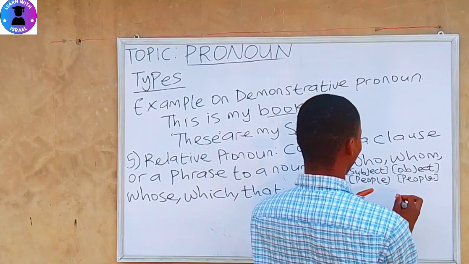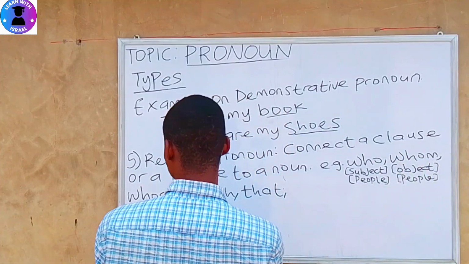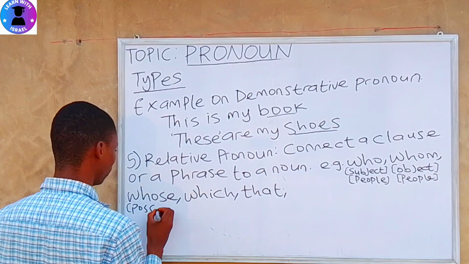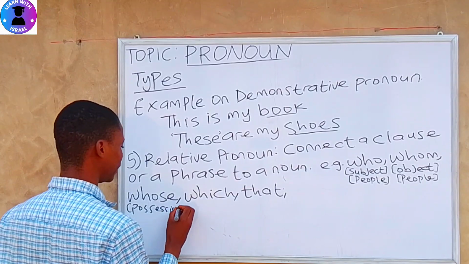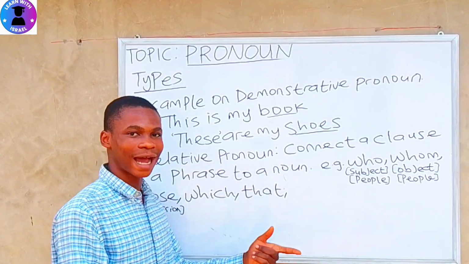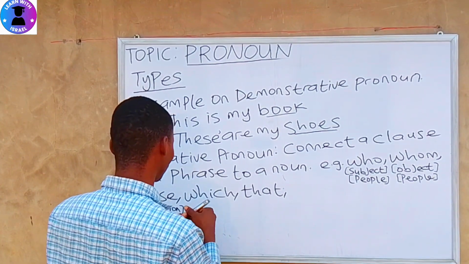Who is used for subject, while whom is used for object. Whose is used for possession. You can say, whose car is this? And which is used for things.